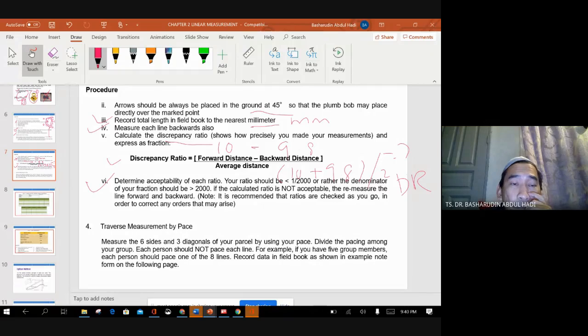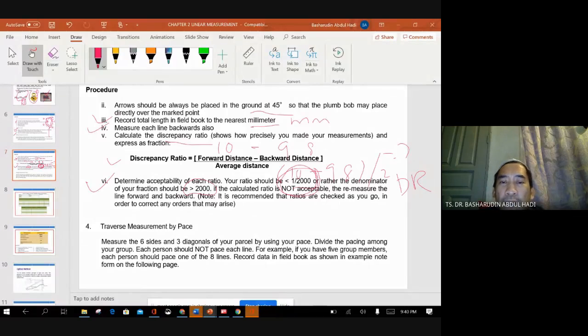Number 6, determine the acceptability of each ratio. Your ratio should be less than 1 over 2000, or rather the denominator of your fraction should be bigger than 2000.